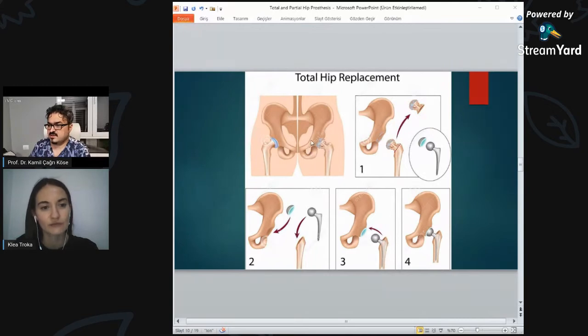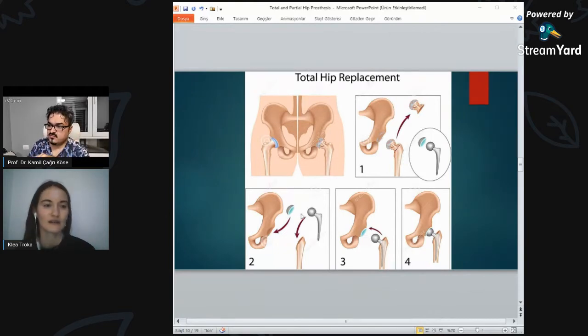In the picture on the right, where my cursor is, the hip joint is damaged here. So we first work on the femoral head. We cut the neck and get rid of the head, and then we work on the acetabulum. So we ream the acetabulum with spheric reamers and create a spherical void for us to insert the acetabular shell.